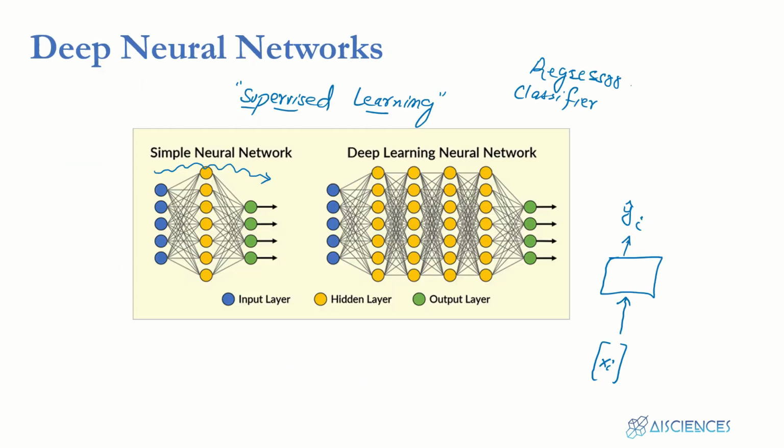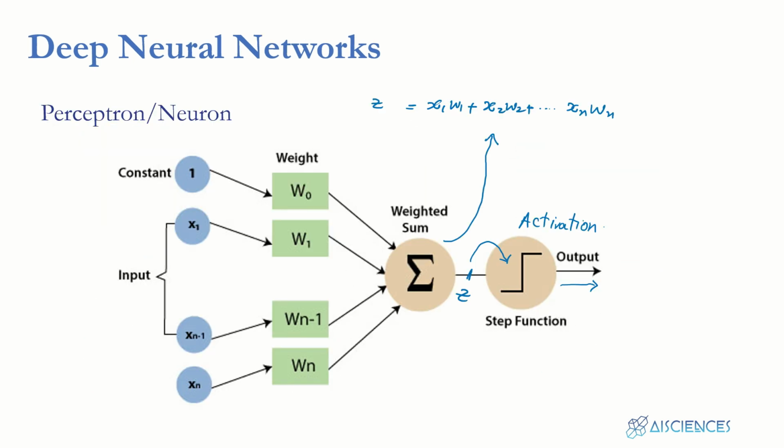If I just show you, this is a neuron, this is a neuron. There are several neurons, and this is one layer. These are several neurons in this layer, several neurons in this layer, and so on. So if we understand properly what a neuron is, then we will start connecting the neurons together to make a larger network.